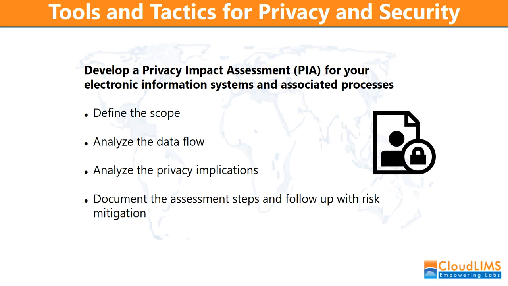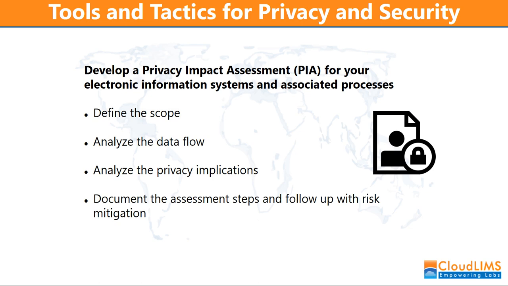Now we'll talk about more of the assessment tools. A privacy impact assessment, or PIA, must be carried out on a system to determine whether the data being collected complies with privacy-related legal and regulatory requirements. They look at your scope definition of all the activities that you're doing.